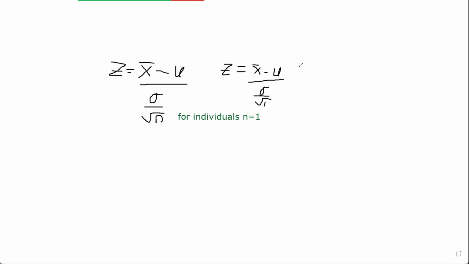So this just becomes x minus mu over sigma. So if it helps you to remember it that way, you can. You can always think of using the n if you'd like. And if it's an individual, it's just going to be 1. So it's going to resolve to this every time you do it.